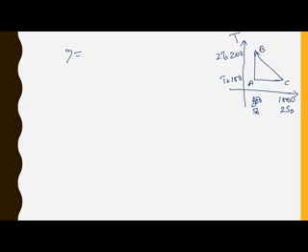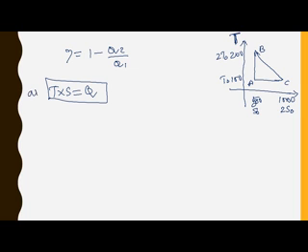Using efficiency equal to 1 minus Q2 by Q1, that is heat loss divided by heat gained. What is the area under the TS graph? If the y axis is temperature and the x axis is entropy, then the area under the graph is Q. T into S is Q. So what is the Q value?